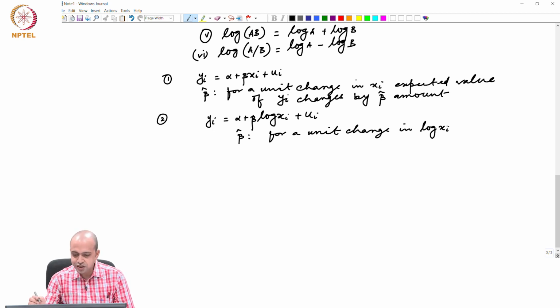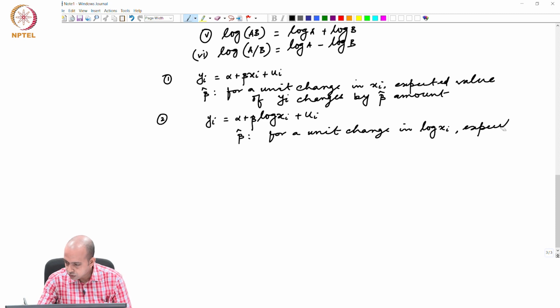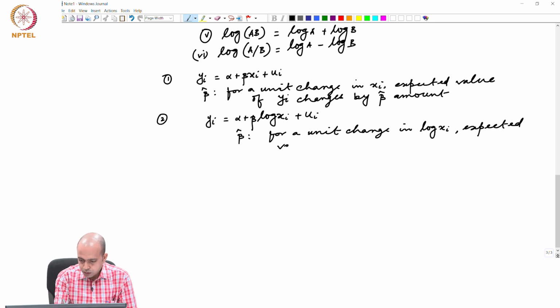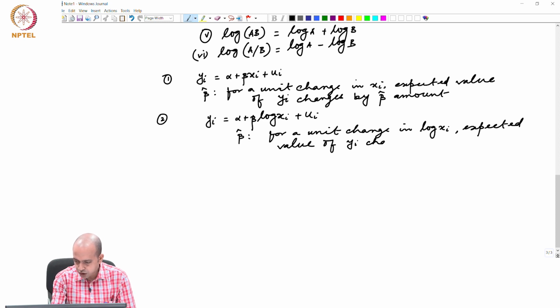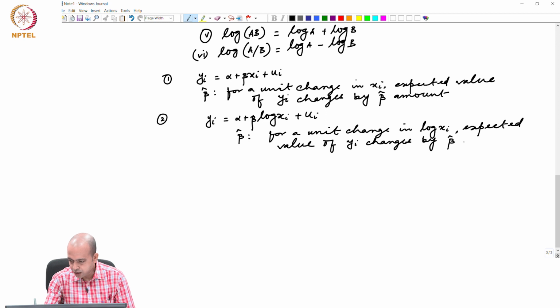For a unit change in log xi, the expected value of yi changes by beta hat amount.